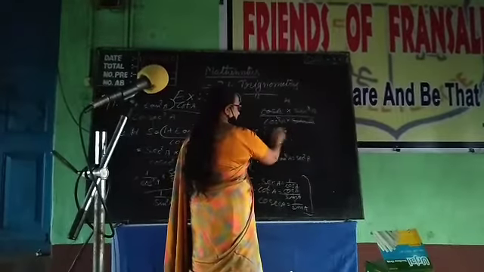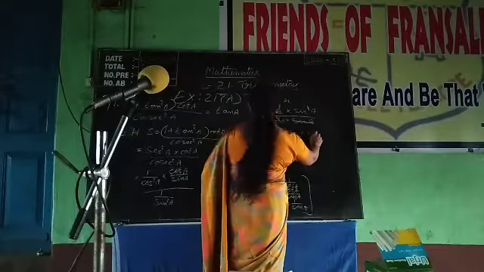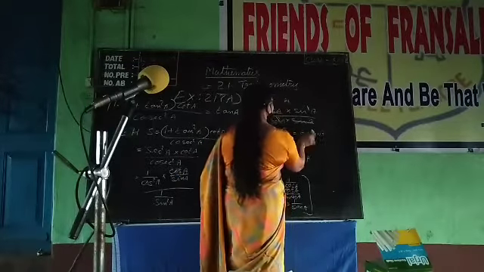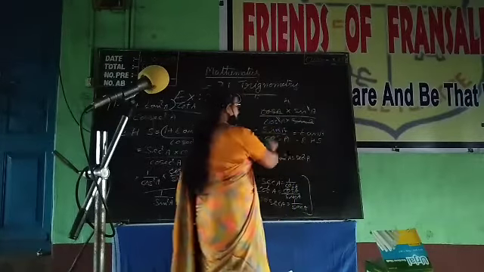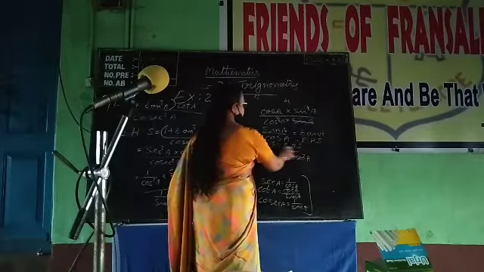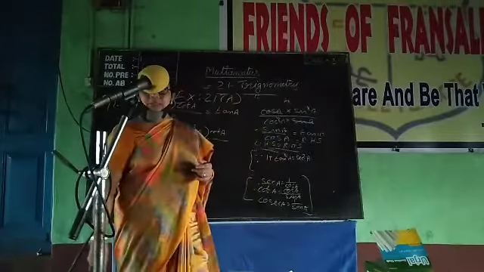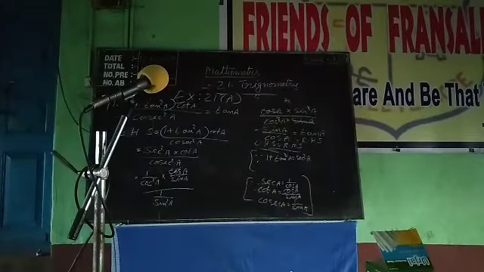Sin A divided by cos A, which is equal to tan A, which is same as RHS. Therefore LHS is equal to RHS. Did you follow the sum? All of you?